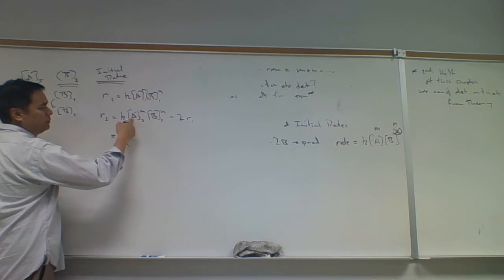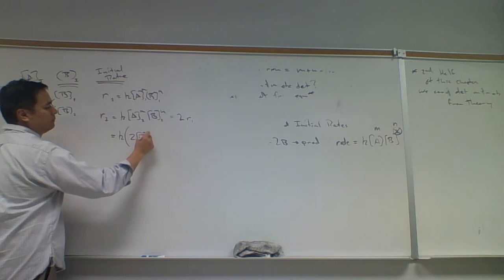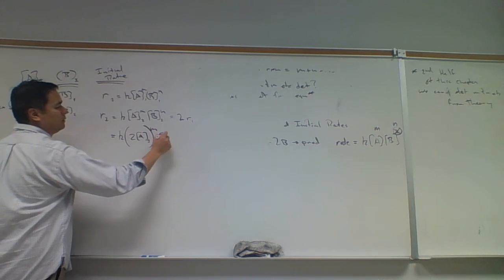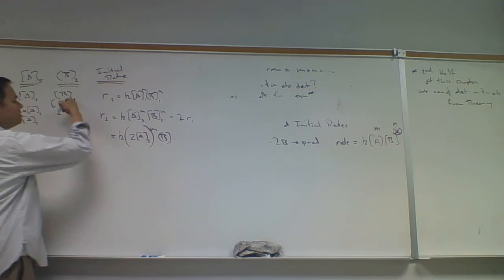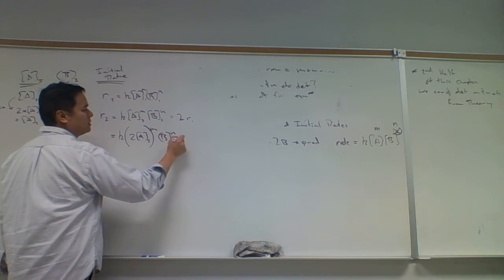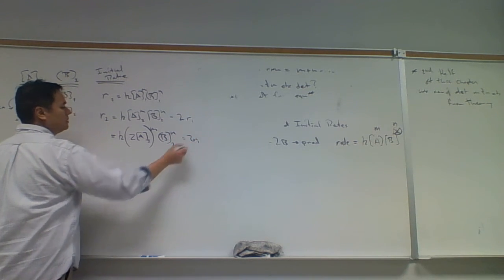Now A2 is 2 times A1, and this whole thing is raised to the mth power, times B2, which is the same thing as B1 because I didn't change it. It's the same concentration, so that is equal to 1.